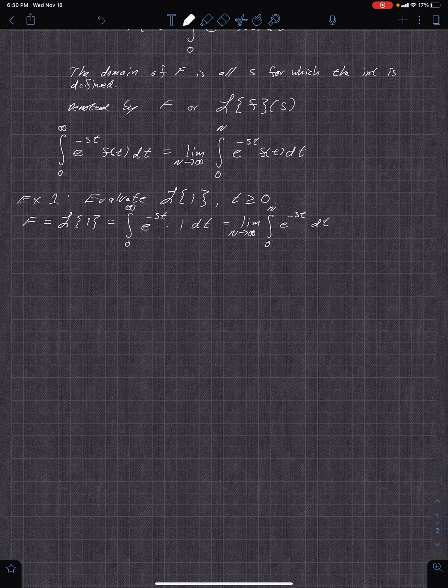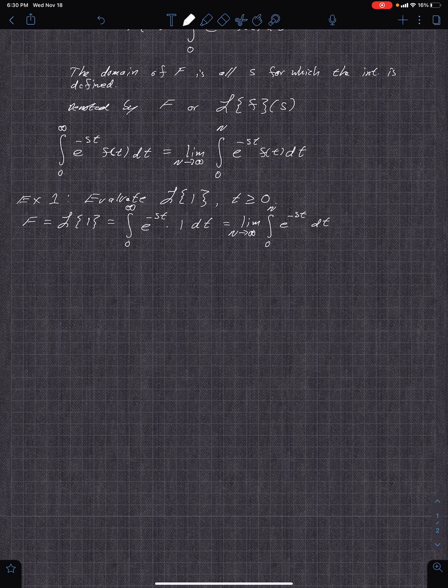And so we know that integral. You do your u substitution: you pick your u to be negative st, du is negative s dt, and then you divide by that to solve for your dt.